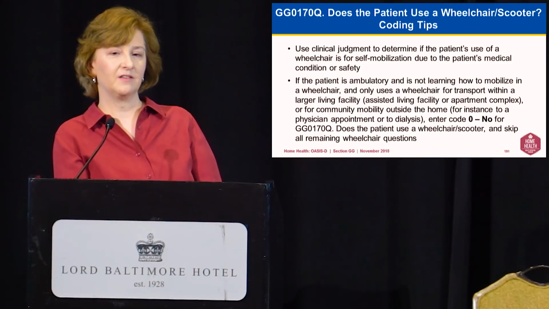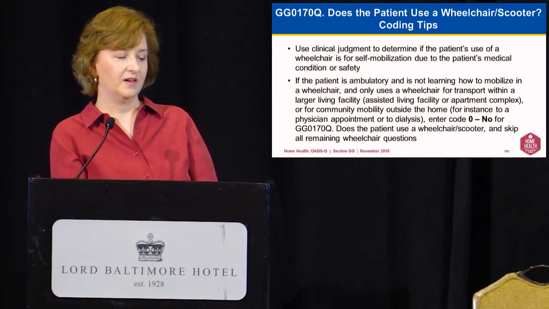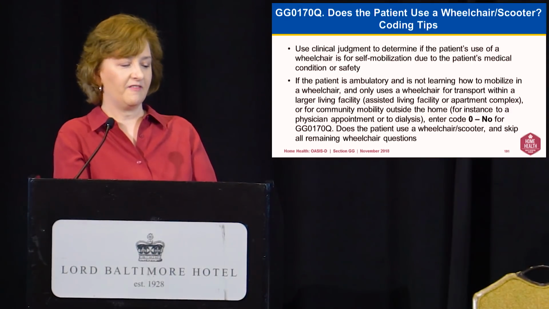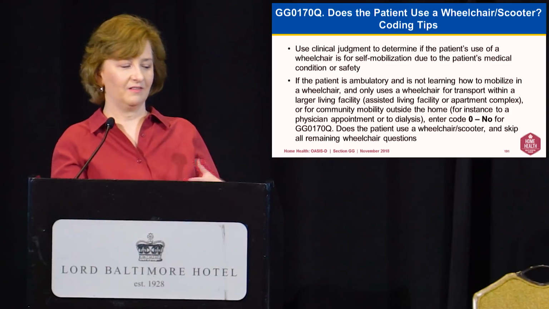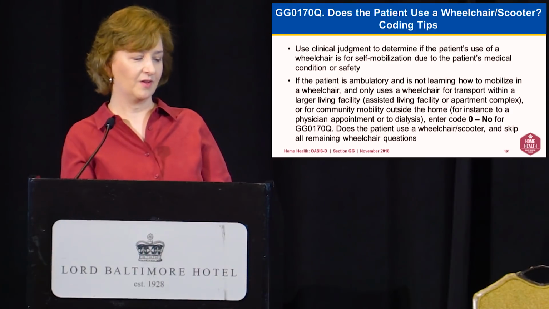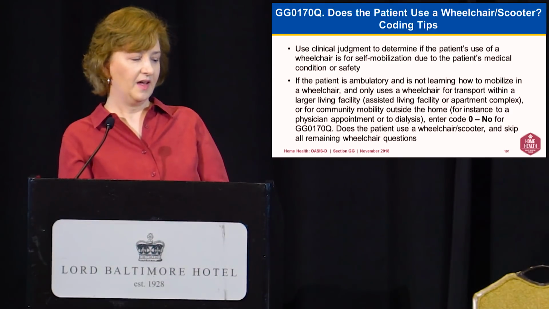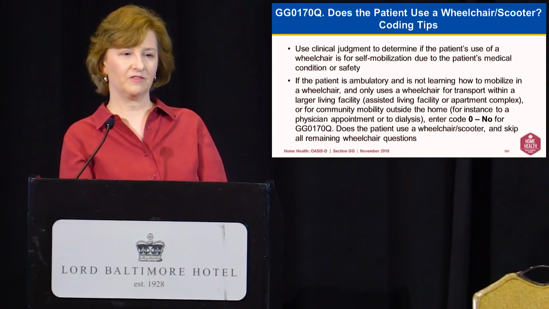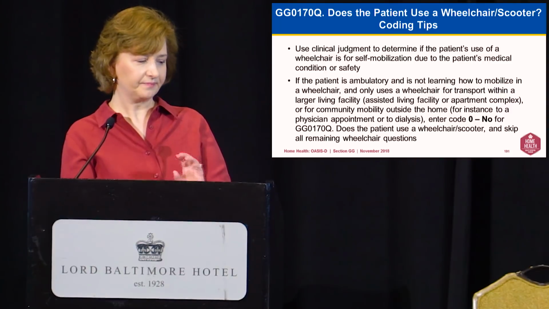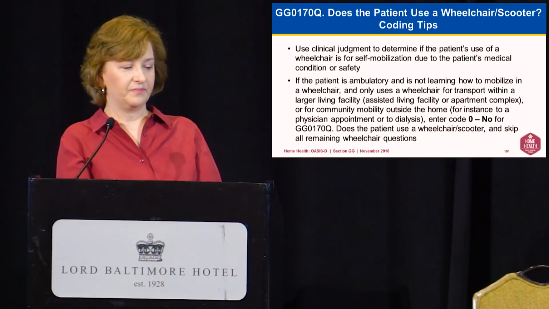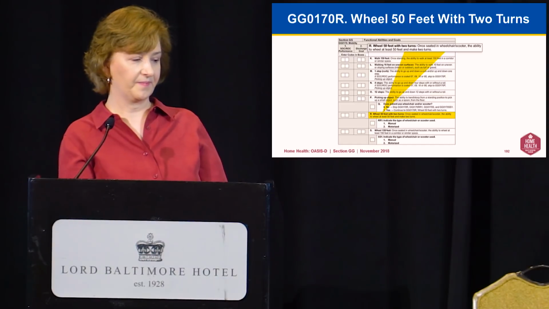If the patient is walking, ambulatory, and is not learning to mobilize in a wheelchair and only uses the wheelchair, let's say, for transport when they're going for longer distances, let's say within their assisted living facility or apartment complex, or maybe for community mobility, but is really not using it on a day-to-day basis, it's really just for some occasional community mobility activities, you can code this no, because it's not something that they're relying on for self-mobilization.